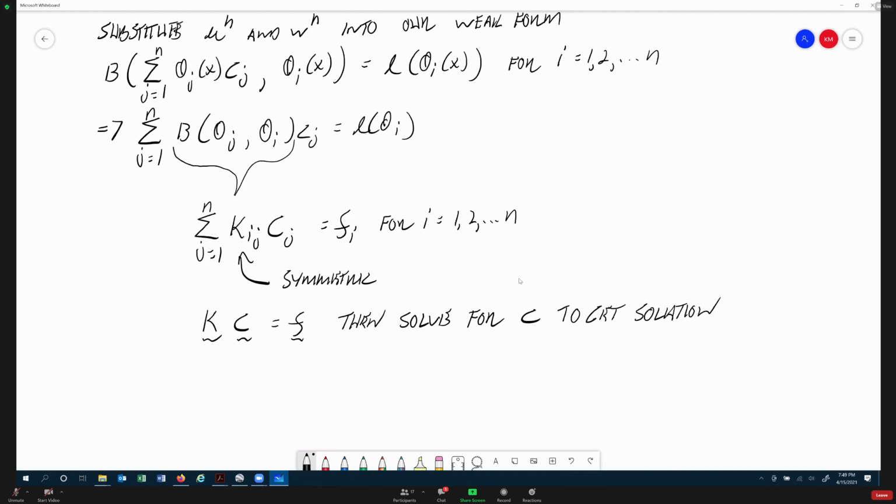K_ij is equal to B(phi_j, phi_i). So this K_ij is equal to this, but let's remind ourselves, where did this whole B thing come from?